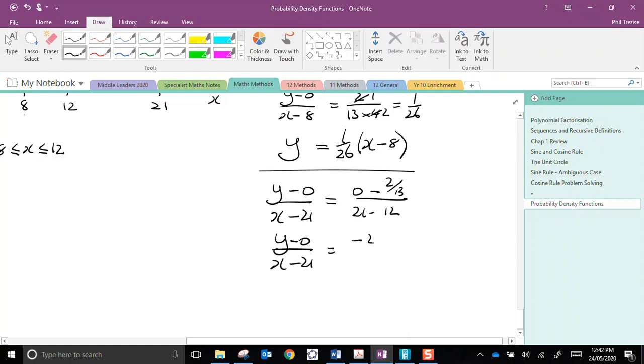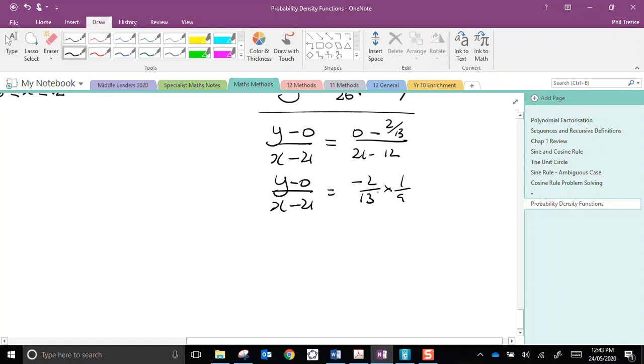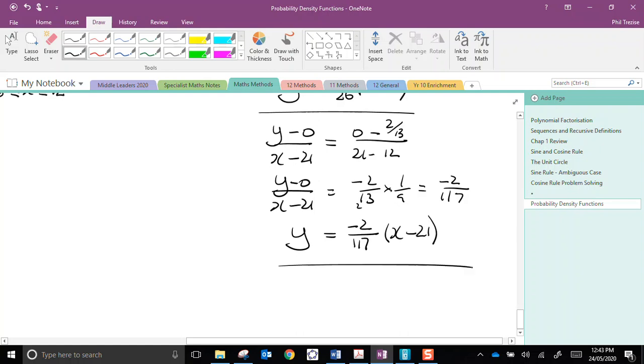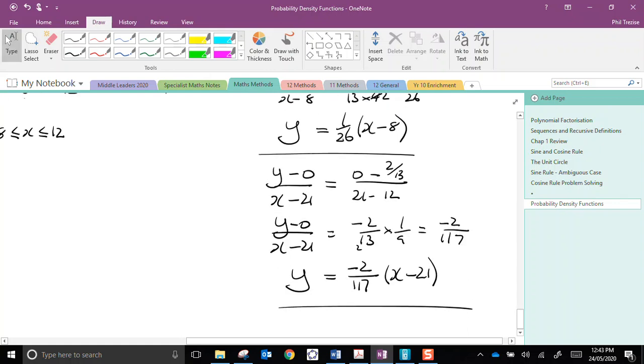That's going to be negative 2 on 13. Now 21 minus 12 is 9, 1 over 9. That's inconvenient, isn't it? Because that's going to be negative 2 over, now 3 9s are 27, carry a 2, 1 9 is 9 and 2 is 11. So y would equal negative 2 over 117 by x minus 21. There's the straight line equation for the second part of this.